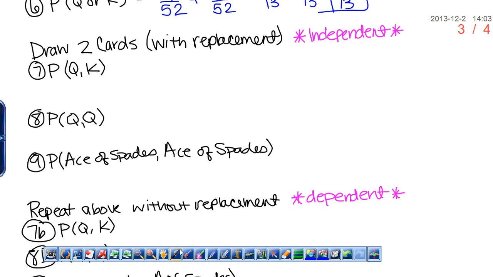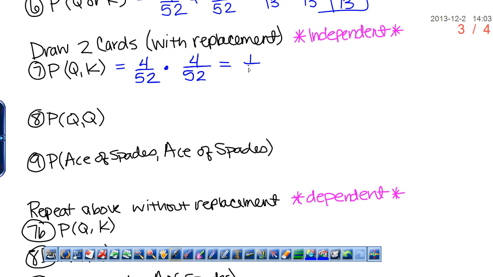Okay, so let's look at this. We're going to draw 2 cards with replacement. So I want to know the probability of drawing a queen and then the probability of drawing a king. So first, what's the probability of drawing a queen? 4 out of 52. All right. And then we want to draw a king. So again, it's going to be 4 out of 52, and we're going to multiply because we want the first one to happen and the second one to happen.